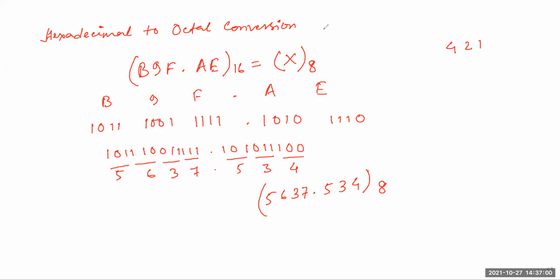Okay. So I'm erasing this. Suppose here I am writing 4433 base 5. Till now you have studied only four number systems: decimal, binary, hexadecimal, and octal.